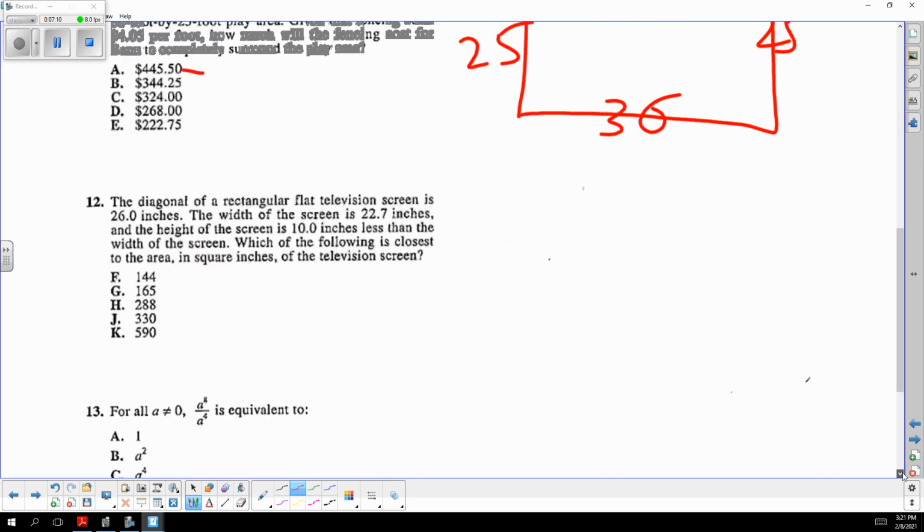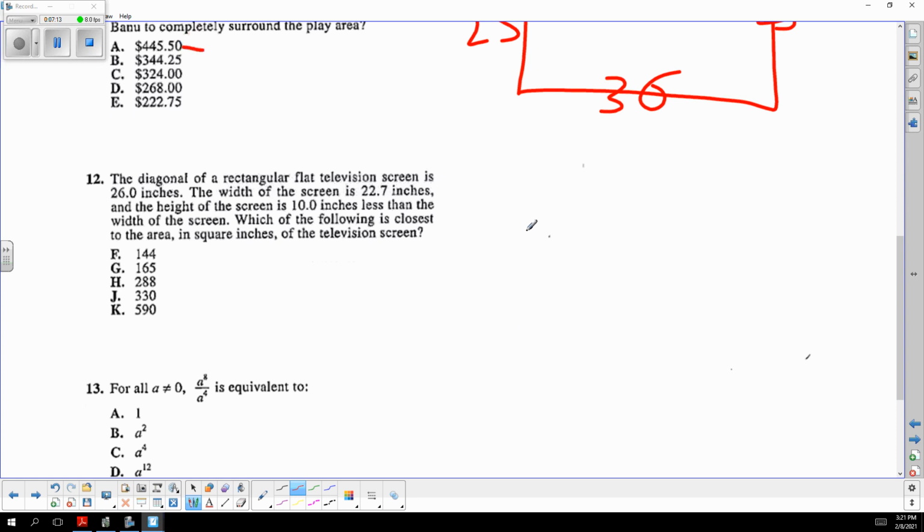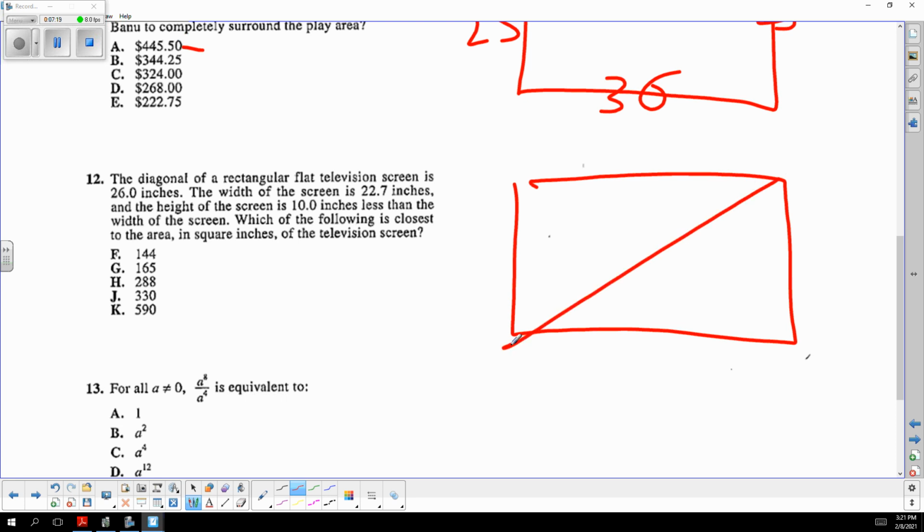I had a lot of reactions to this one because you could use a lot of the programs. A TV's size is told by its diagonal, and the width is 22.7, and it says the length. We could use program LEG to get this.